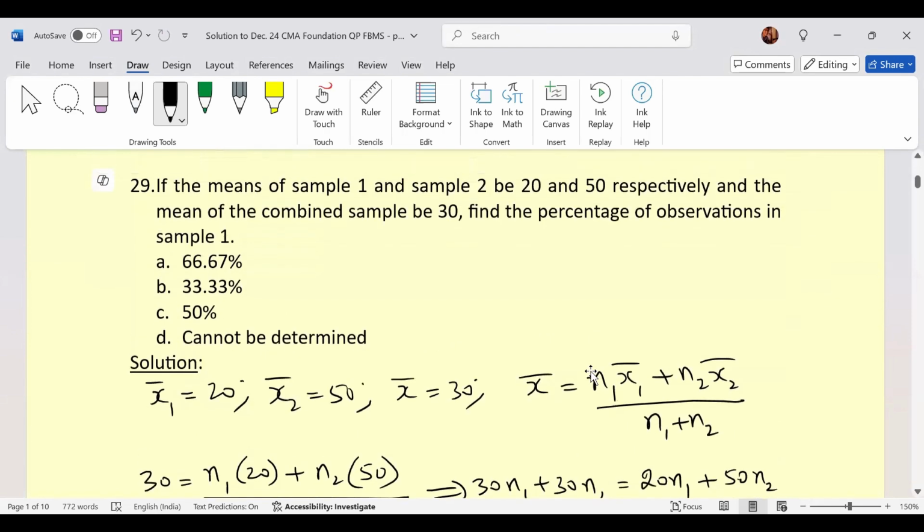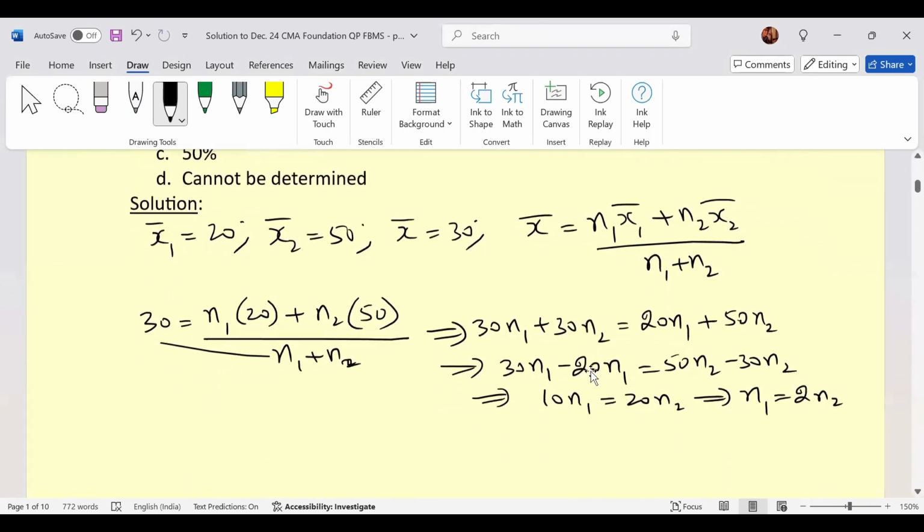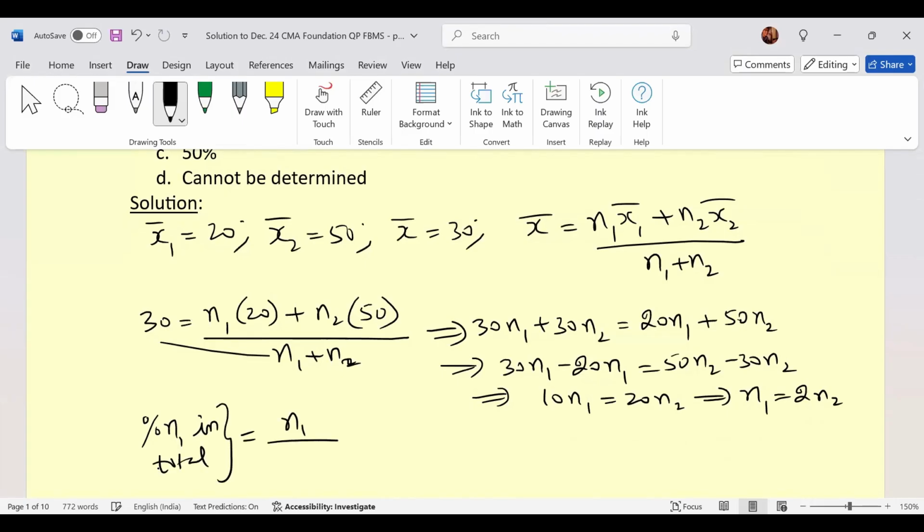Now, percentage of observations in sample 1. So, percentage of n1 in total will be n1 divided by n1 plus n2 multiplied by 100. So that will be equal to n1 is 2 times n2, so 2 times n2 divided by 2 times n2 plus n2, into 100.